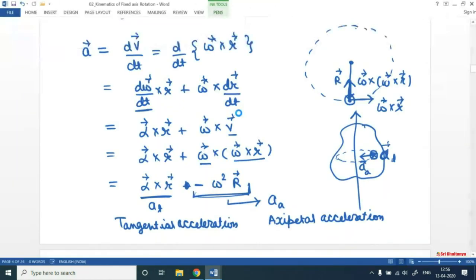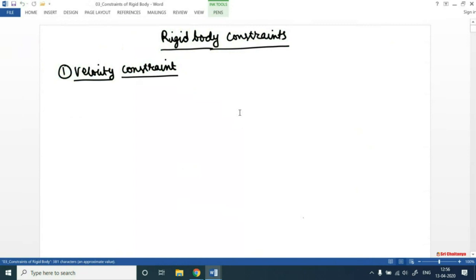Whenever a rigid body moves, the motion can be purely translational, purely rotational, or a combined translational and rotational motion. In all those situations, we must be able to write the velocity constraint equation.